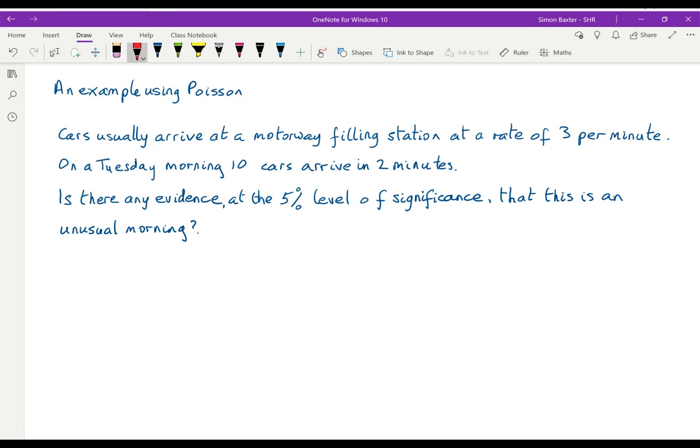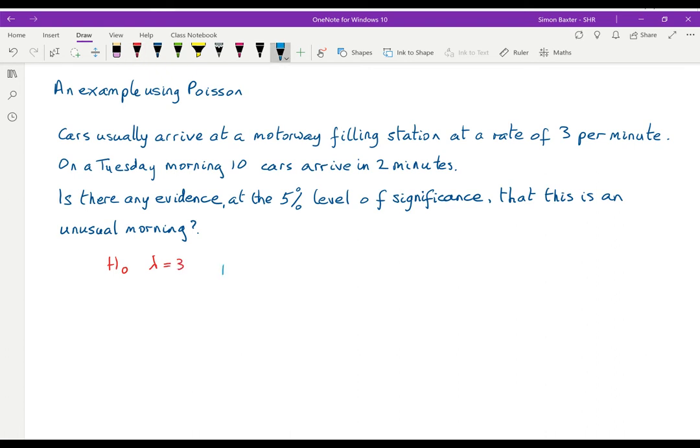Let's start off with our null hypothesis, H0: nothing has changed. Well, we're going to be looking at a Poisson distribution arriving at a constant rate, singly and independently. That makes sense. So we're thinking of a mean of 3.